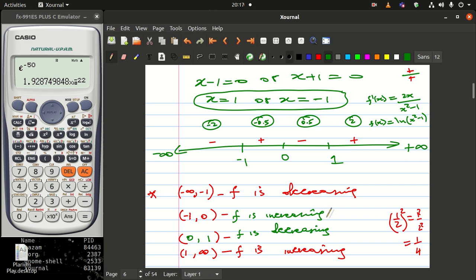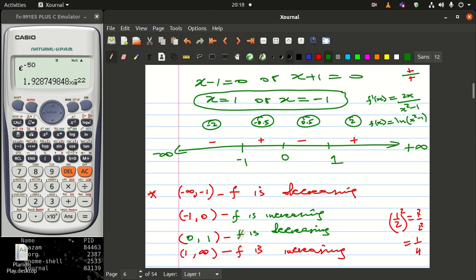Now the question is, why am I taking time to look into this? The first derivative is saying this thing. If this function here is defined, then in that interval it is increasing.